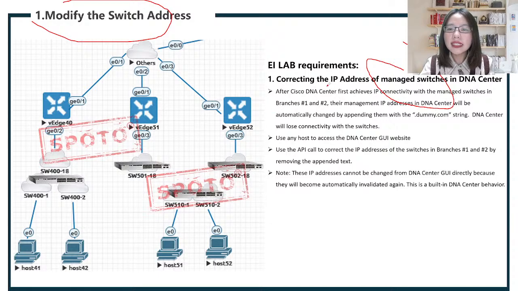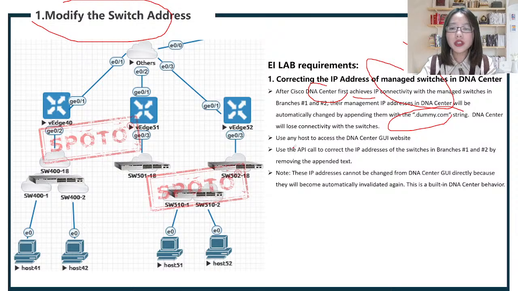First, after Cisco DNA center first achieves IP connectivity with the managed switches in branch 1 and branch 2, the management IP address in DNA center will be automatically changed by appending a string to them. DNA center will lose connectivity with the switches.